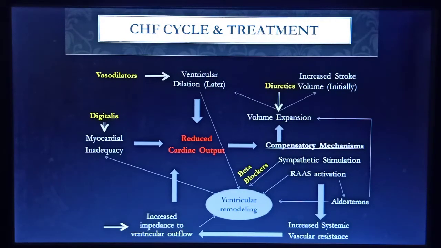Then beta blockers will reduce the activity of the sympathetic nervous system. Then ACE inhibitor drugs will decrease the activation of RAS, so that no more ventricular remodeling happens, no more myocardial inadequacy, and no further reduction of cardiac output.